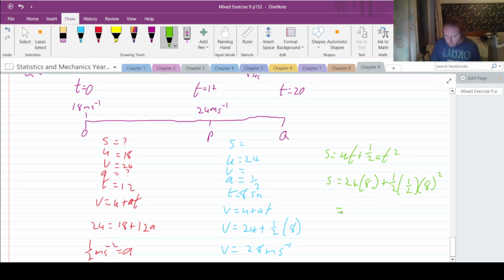So the distance between there and there is 24 times 8. 24 times 8 is 192, plus, let's do that first, a half times 8 squared, a quarter of 64 is 16, plus 192 gives us a distance of 208 meters.